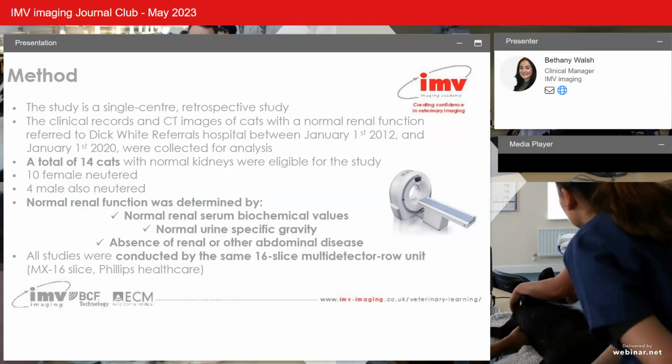This included 10 female neutered patients and 4 males, also neutered. The normal renal function was determined by normal renal serum biochemical values, normal urine specific gravity, and the absence of renal or other abdominal diseases. All the studies were conducted on the same 16-slice multi-detector row scanner.